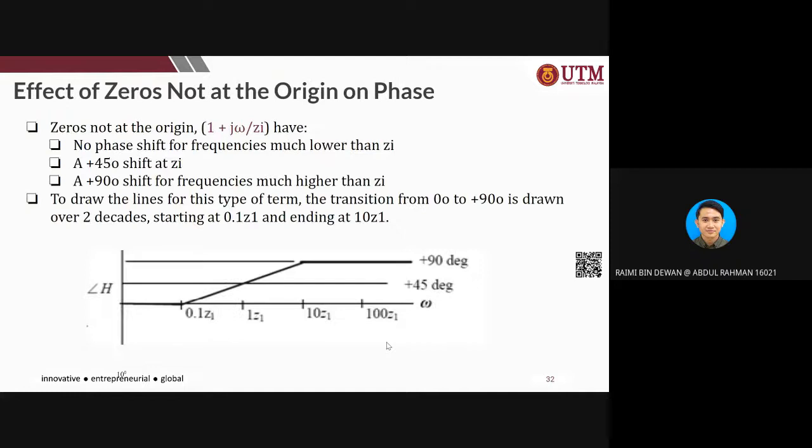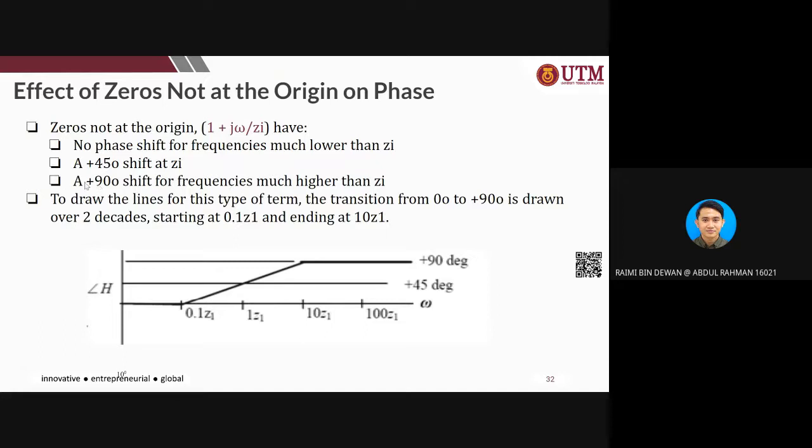And then the effects of zeros not at the origin on the phase. Zeros not at the origin, 1 plus j omega over zi, have no phase shift for frequency much lower than zi. Just like in the magnitude, we only consider values above that, so we don't consider before. And then a positive phase shift at zi.